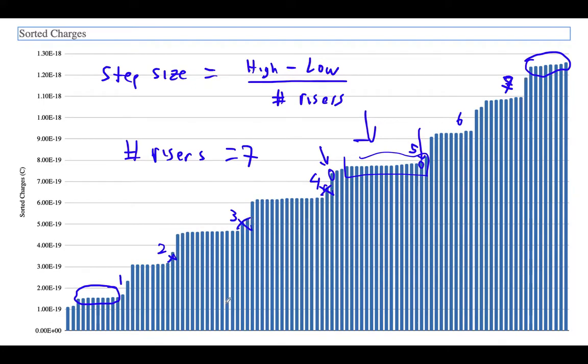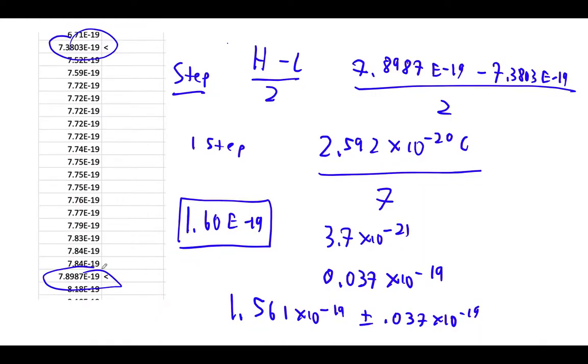We wouldn't use that, right? So just there it is, right? Okay. Average those. Find them in your sheet, right? And then notice what I did was I actually gave it more digits so we could be a little more accurate. And then you're going to go the high minus the low divided by 2. And then you take that and divide it by 7, because that uncertainty is actually spread out over 7 steps. All right.